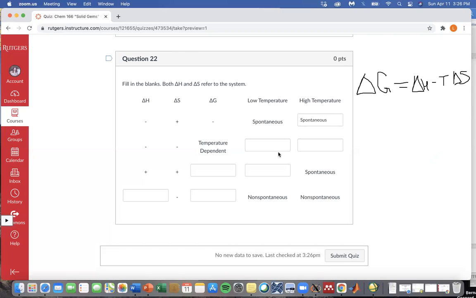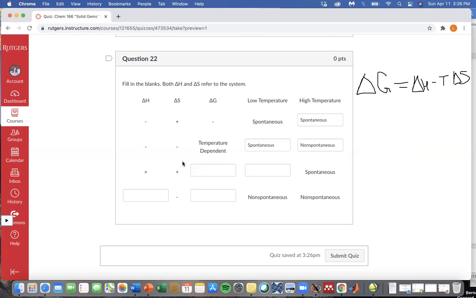It'd be spontaneous at low temperatures, but non-spontaneous at high temperatures. Because if you got this T times delta S to be a really large negative number, if you subtract a large negative, it's like you add a lot of positive. If it cancels out the negativity of the delta H, your delta G is going to be positive and it would be non-spontaneous.